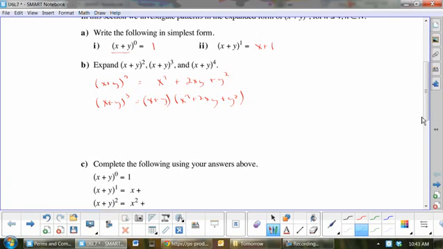Now, just to save time, because this is time consuming, you have to multiply x to everybody and then y to everybody, I'm just going to give you the final answer, and that would be x^3 + 3x^2y + 3xy^2 + y^2. Yes. Sorry, y^3.